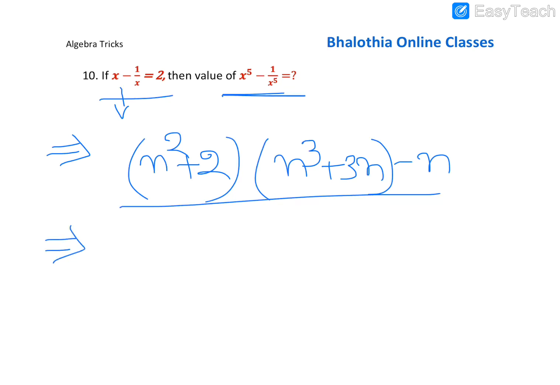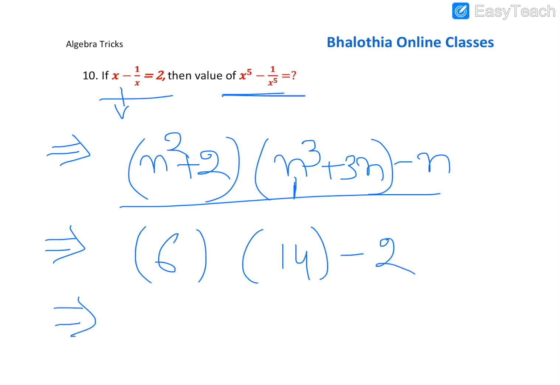Okay, so how we will do it? Let's put the value of n. It will be 2 raised to the power 2, like 4 plus 2, 6, and then here also put 2, so 2 raised to the power 3, it will become 8 plus 6, 14, right? And minus 2. Oh sorry guys, I made a mistake here.